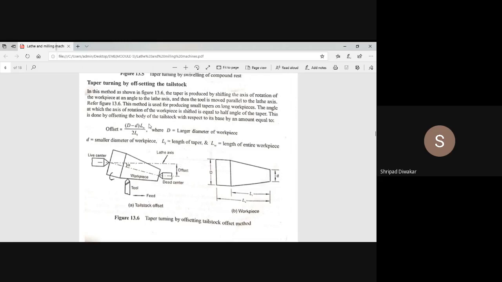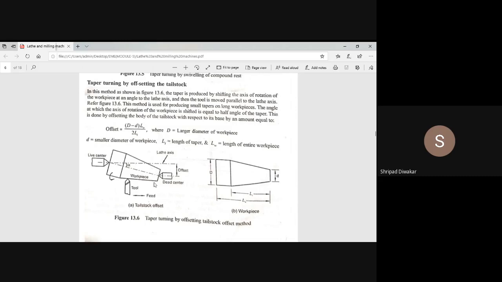After calculation, we are going to shift that much amount of offset from the lathe axis, and then we are going to fix the tool in the tool post. Once you offset the position, the tool moves accordingly, and when the tool moves, we generate the required tapered surface on the given workpiece.